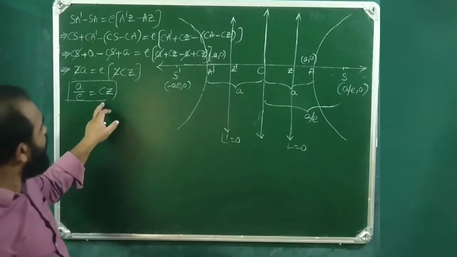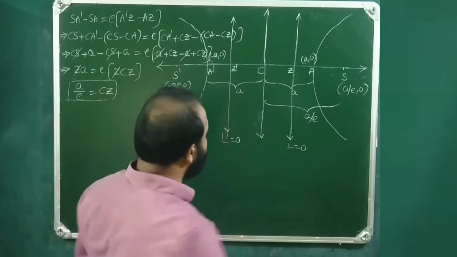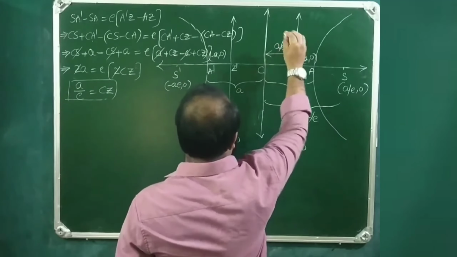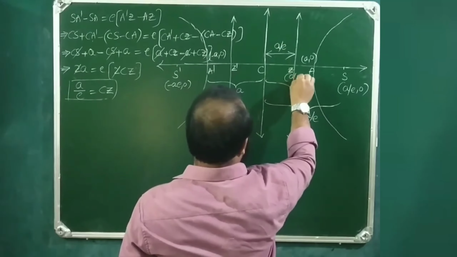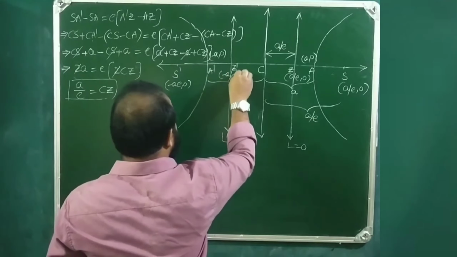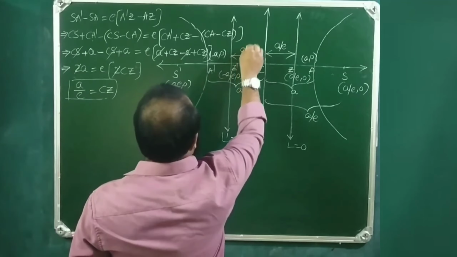So the distance between the center to the directrix is A by E. So this is A by E comma 0 and this is minus A by E comma 0. So this distance is also A by E.